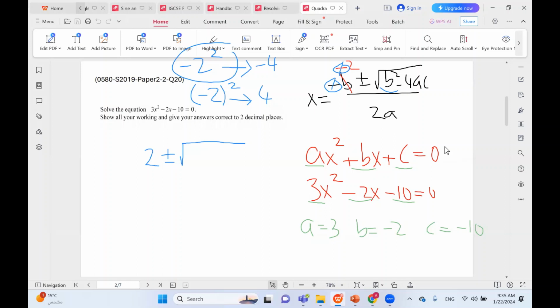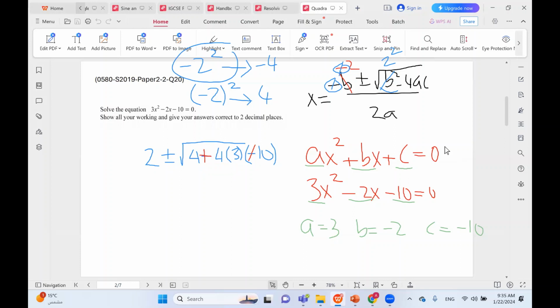So anyway, in this case, we have here 4, which is negative 2 all squared, or just 2 squared, and then minus 4 multiplied by a, which is 3, multiplied by c, which is negative 10. And you already know in advance that you have two negatives, so you can just cancel this negative and turn this into a positive.